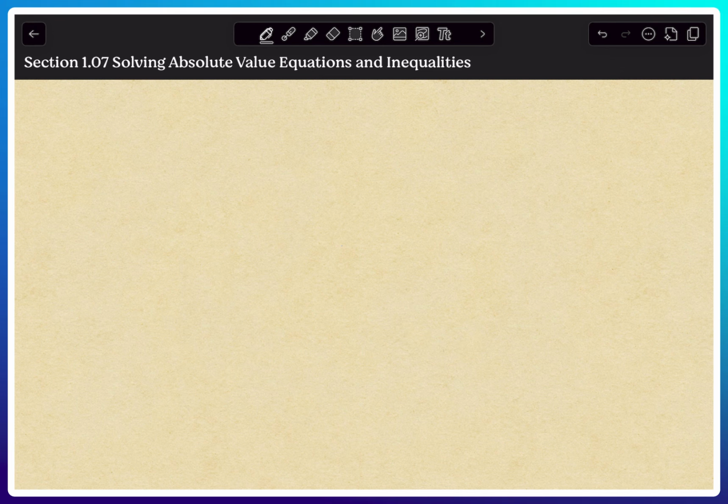Today we're going to do section 1.7, which involves solving absolute value equations and inequalities. Today we're going to talk about the very first one, which is the absolute value of 4x plus 2 equals 6.